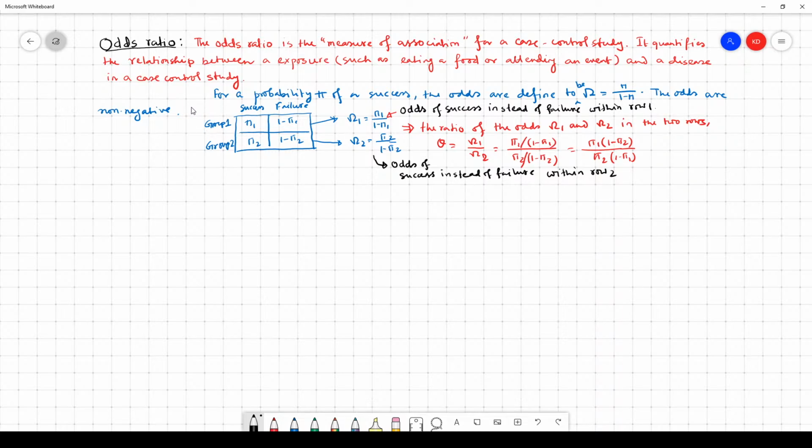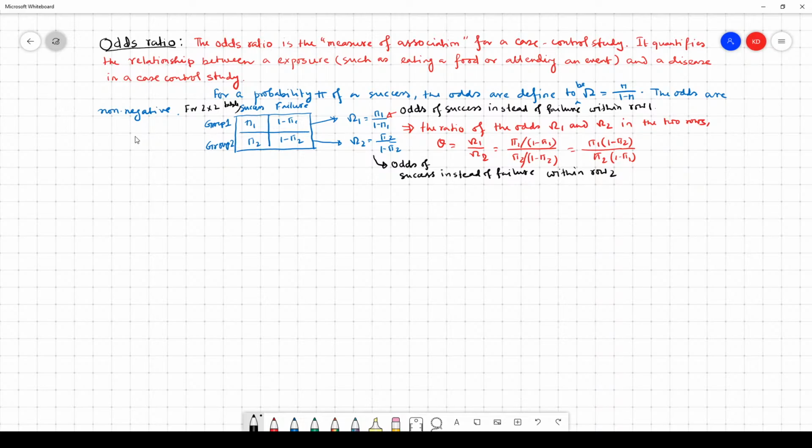So this is for a 2 cross 2 table. Omega 1 is the odds of success instead of failure within row 1, and omega 2 is the odds of success instead of failure within row 2.